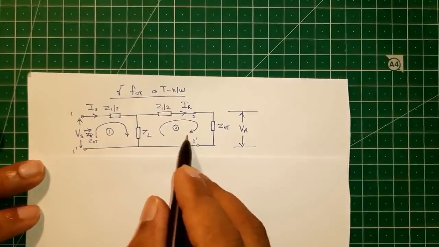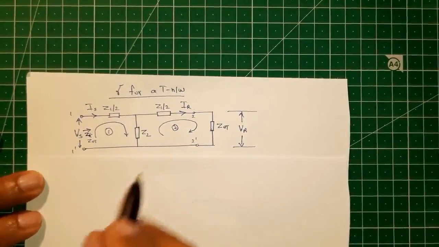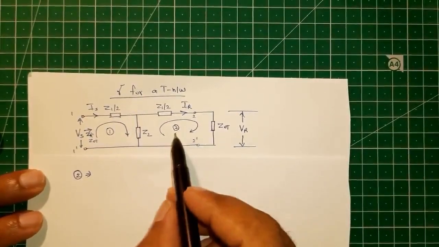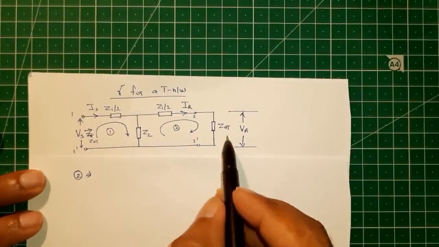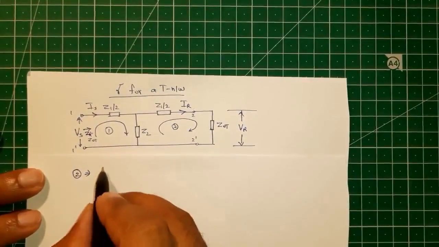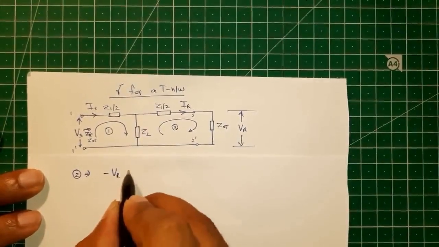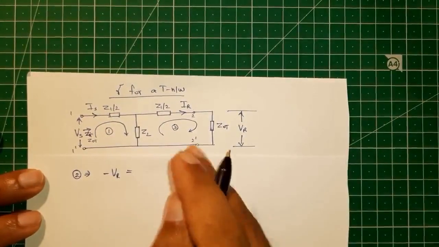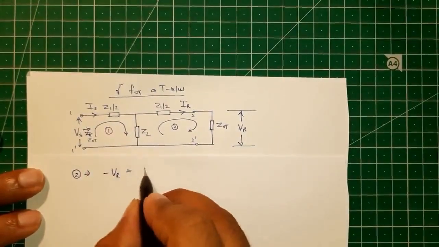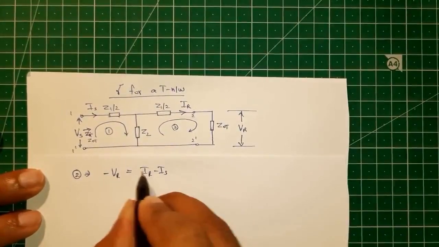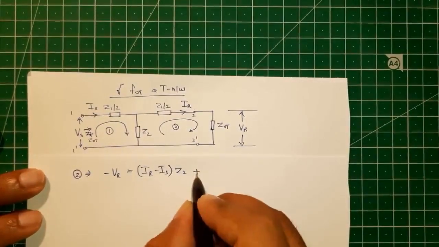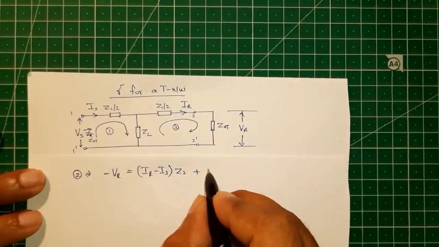Similarly, we can write an equation for this second loop. So here we are traversing in the opposite direction. Okay, so plus to minus. So we have minus VR is equal to, here we have IR minus IS, so IR minus IS into Z2 plus IR into Z1 by 2.